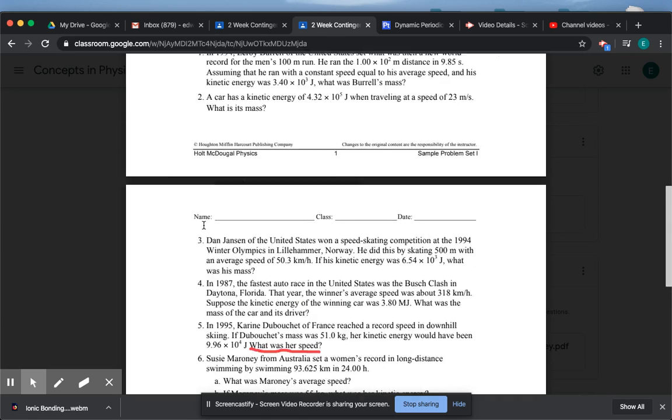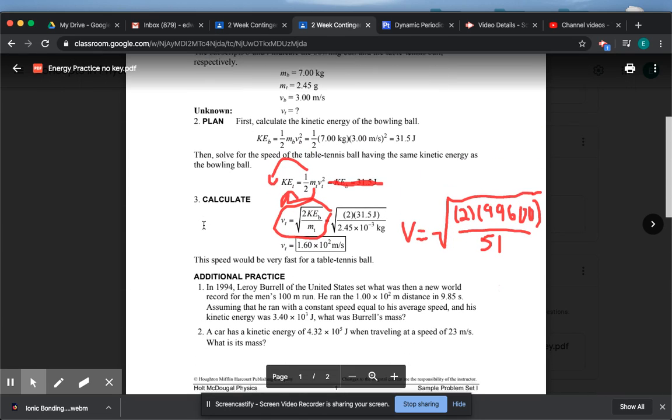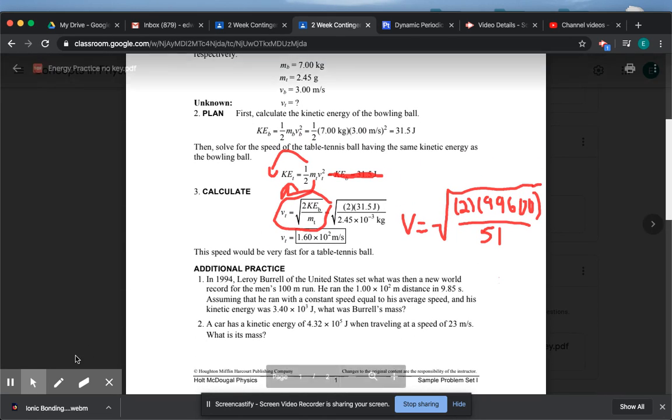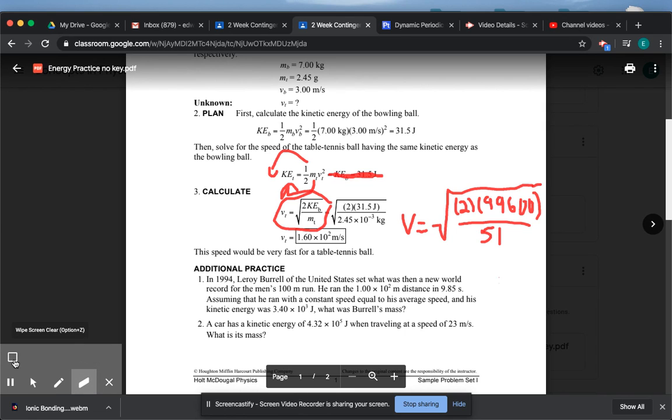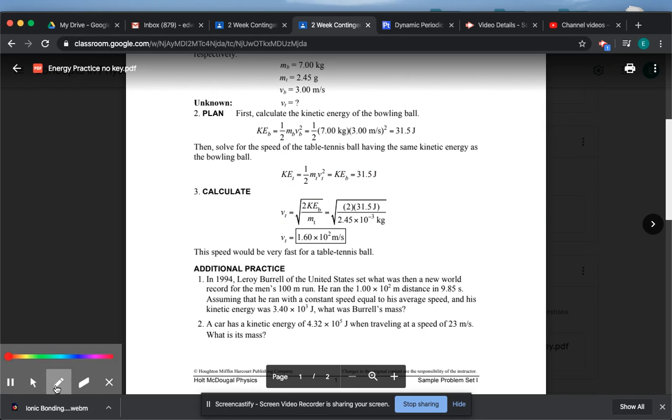Okay? So you can get asked to find 3 things. You can either get asked to find mass, kinetic energy, or velocity. If you are asked to find velocity, this is the equation you're using. I'm going to set up the equations for you. If you're asked to find kinetic energy or change in kinetic energy, this is the equation you use.